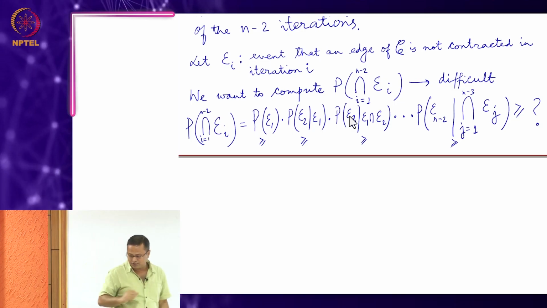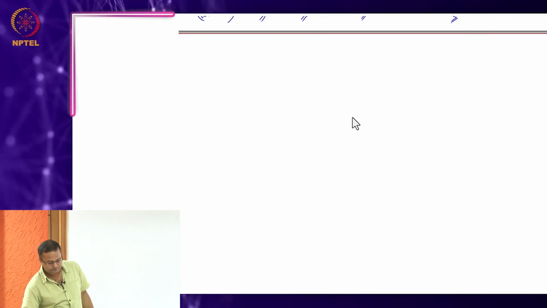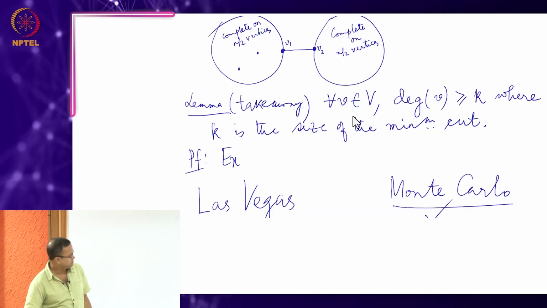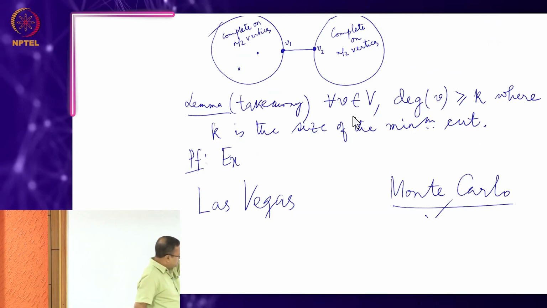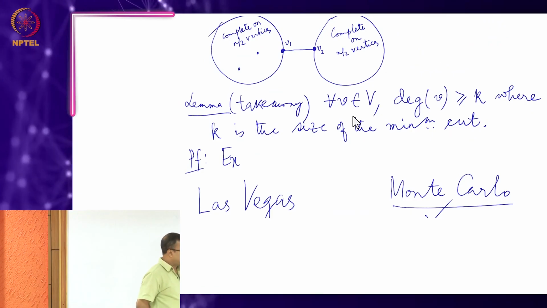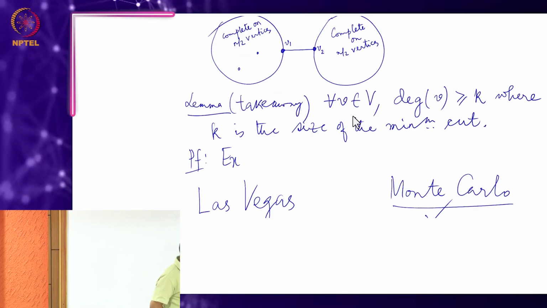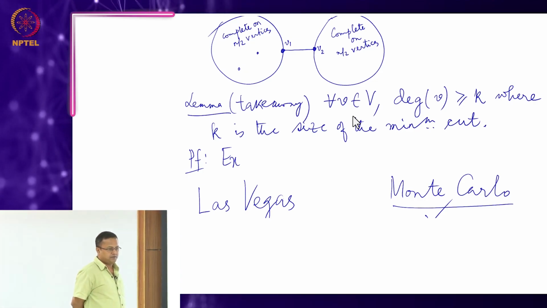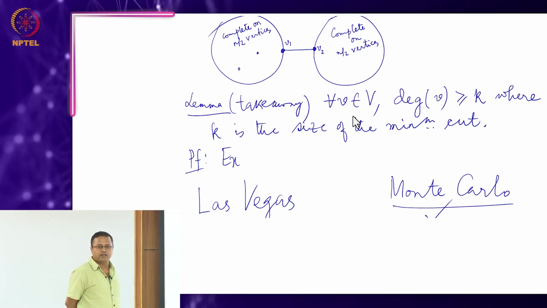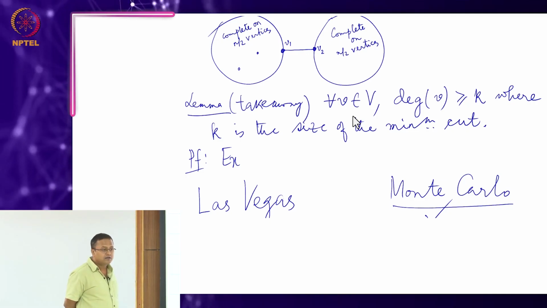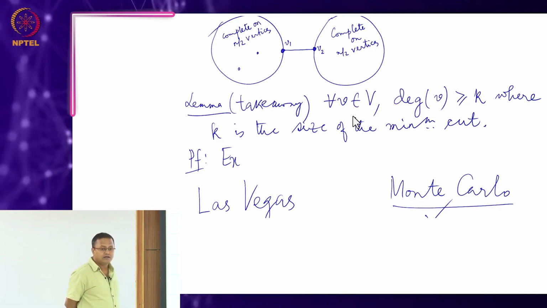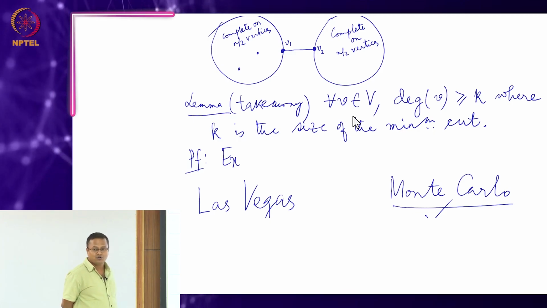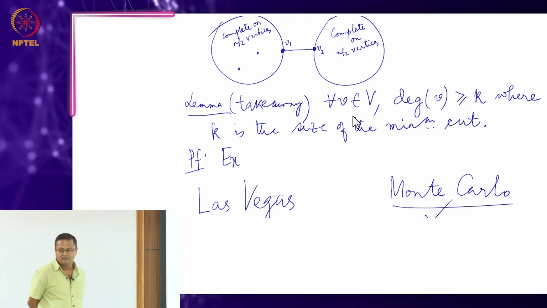Now if you look into this result, this is true for all vertices. So take a sum over all vertices on both sides of this inequality. Summation of degree is related to the number of edges, right?